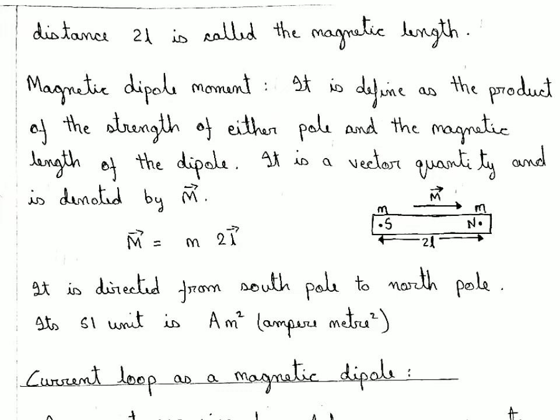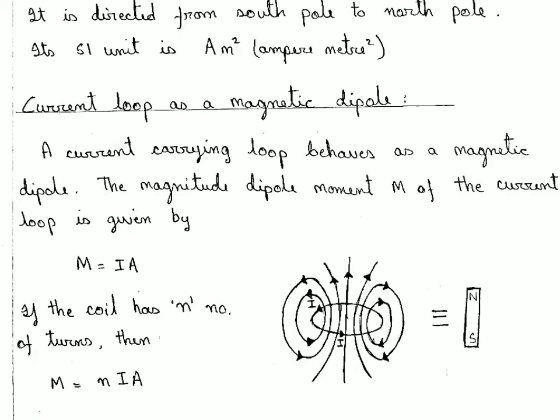So from where do we get this SI unit? This SI unit is from the current loop taken as a magnetic dipole. Now, when a current flows through a conductor, that conductor will produce a magnetic field around it, such that if we bring any magnetic materials close to it, those magnetic materials will experience a force of attraction or repulsion.